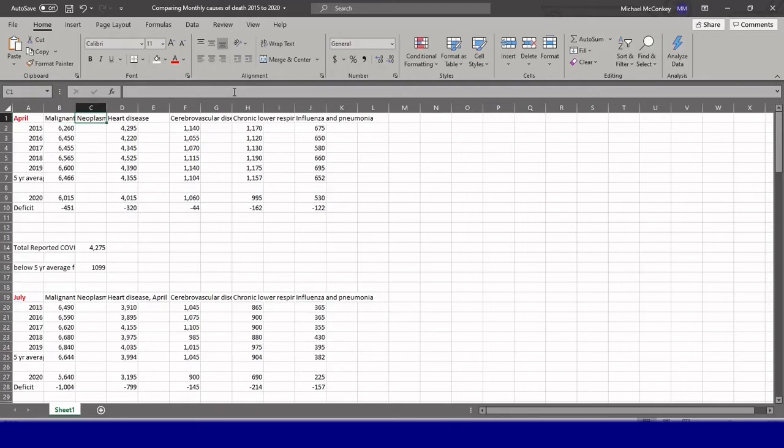I have heart disease, cerebrovascular diseases, which I gather are strokes, chronic lower respiratory diseases such as bronchitis, emphysema, and asthma, and lastly influenza and pneumonia being considered in one category. So these were the 5 that I picked.